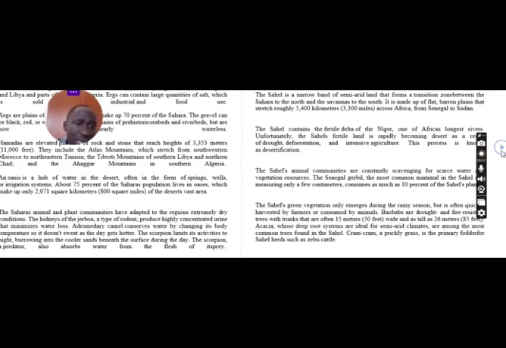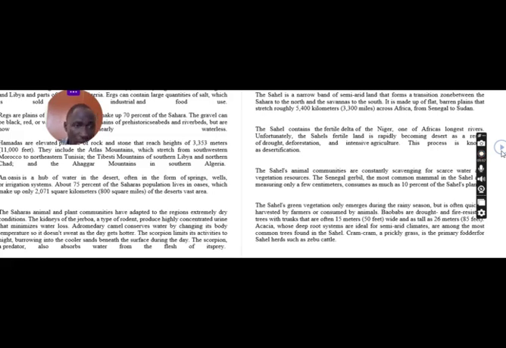In terms of size, they're saying it is about the size of the South American country of Brazil, and the Sahara makes up around 25% of the continent.